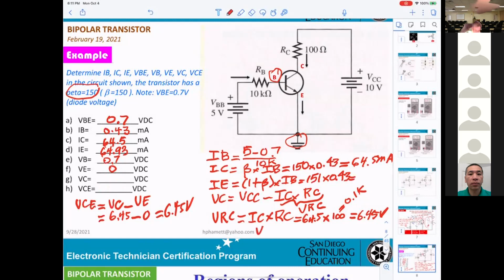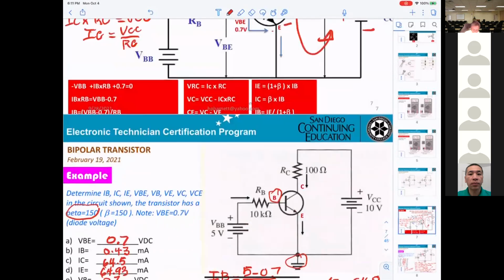Then VC equals VCC minus VRC, which will be 10 minus 6.45.